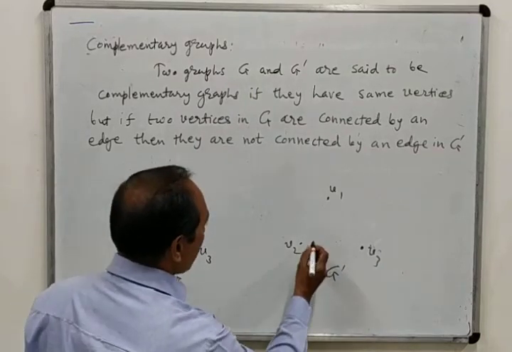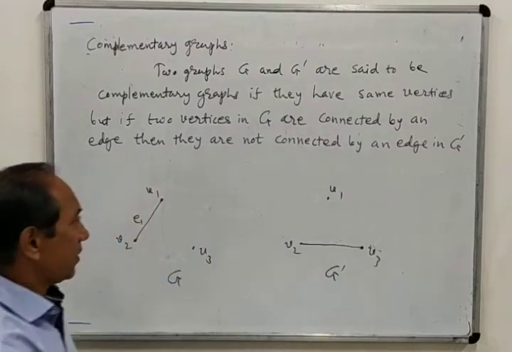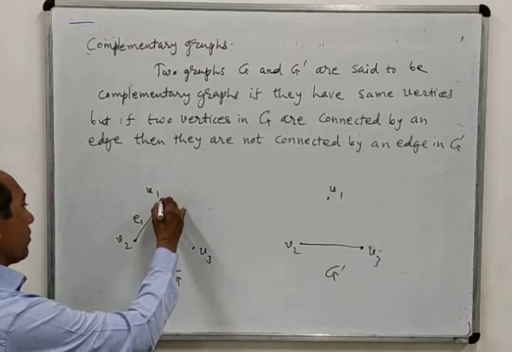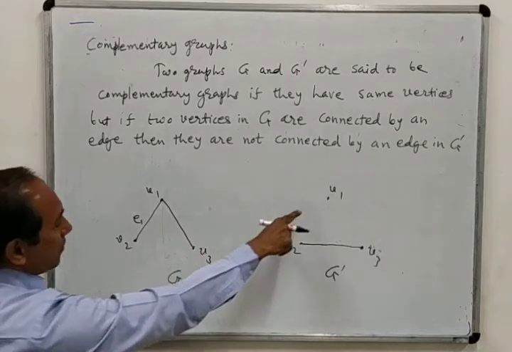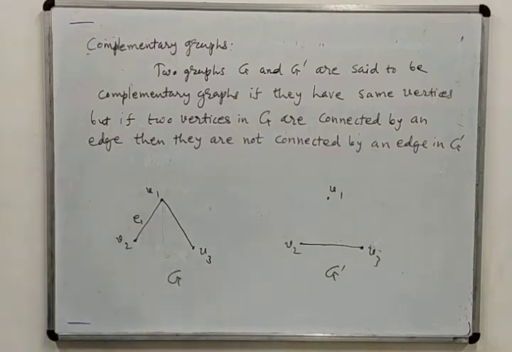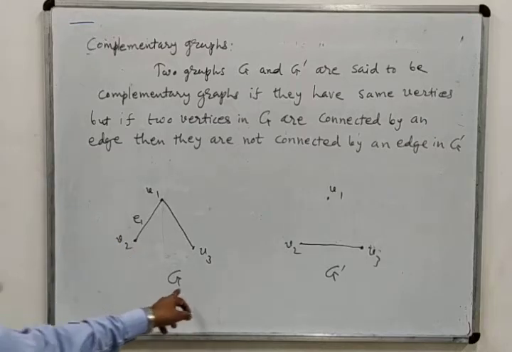Okay, there may be another connection with other vertices. Suppose V2 and V3 may be connected. Suppose here V1 and V3 are connected, so we can see that V1 and V2, and V1 and V3, are not connected in G dash. Okay, so this is the definition and these are the examples of G and G dash.